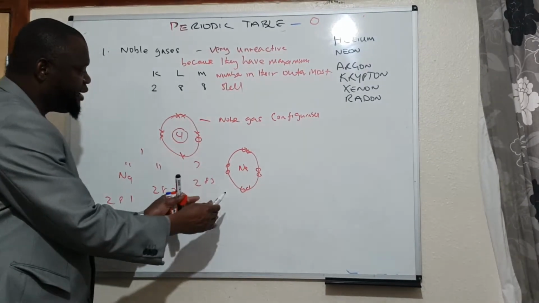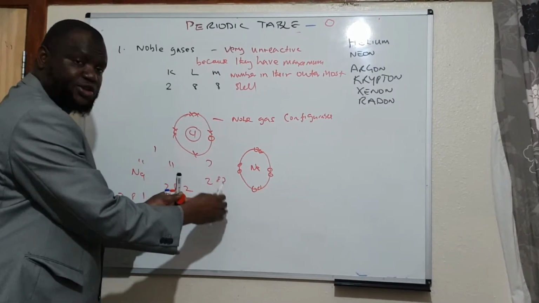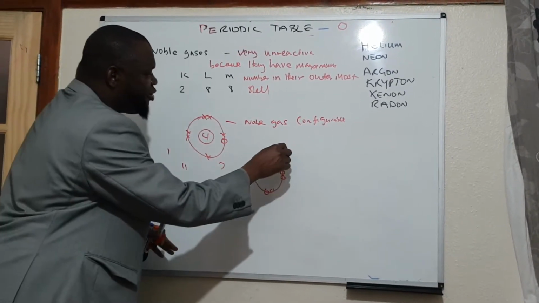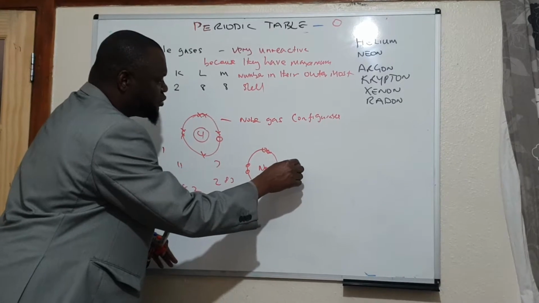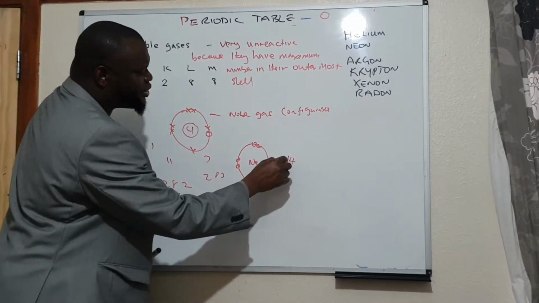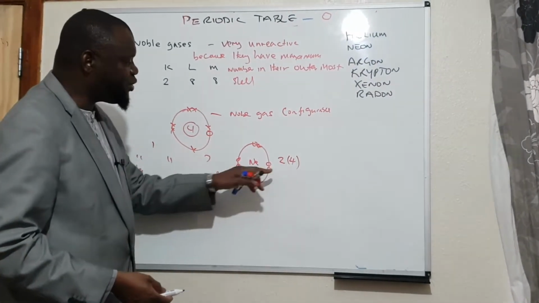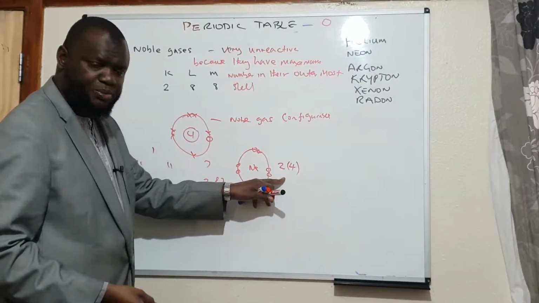This is where donation of electrons stops. With group 4, like carbon, 2, 4, giving out all 4 electrons is very, very difficult, so they form covalent bonds.